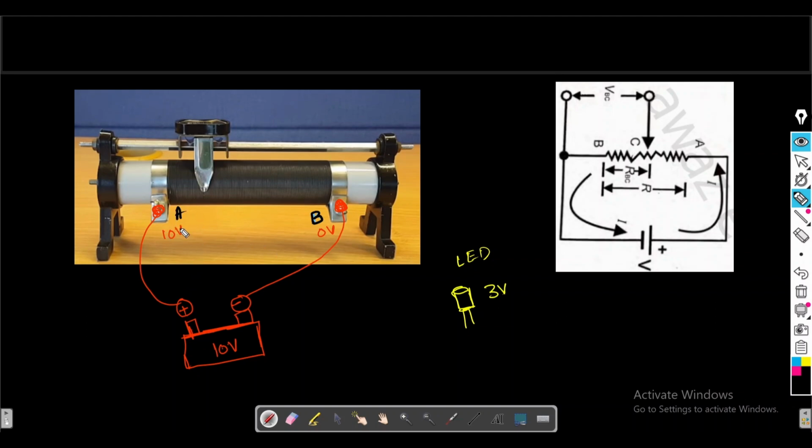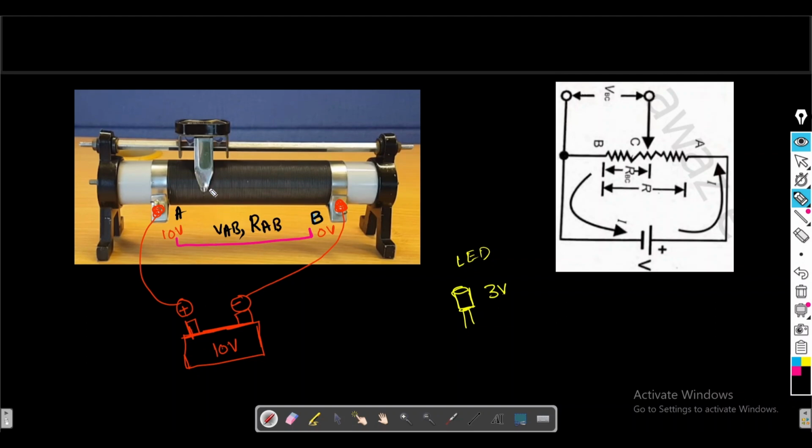The potential difference present between A and B is VAB, which is 10 volt in this case, and the resistance between the points A and B is RAB.